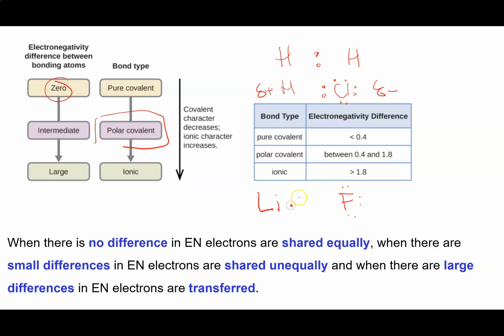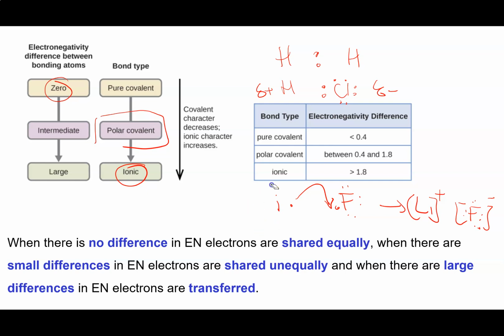There's not any sharing here, the electron just goes straight on over. It gets ripped off by the more electronegative element, by the non-metal, and that leaves us with a cation and an anion. So if the difference in electronegativity is big enough, then we get transfer of electrons, and we end up with what's called ionic bonding.